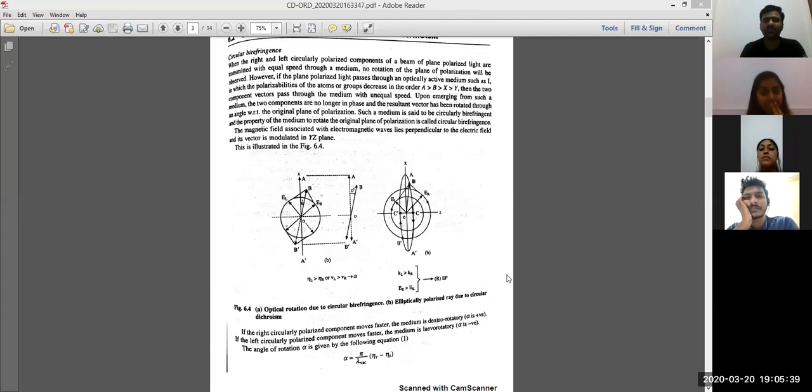But in the previous video, we dealt with them individually. We were trying to reason out why there should be circular birefringence. If you remember, we came out with a curve like this, whereby we said that the final angle representing the plane with which the resultant plane polarized light is coming out should trace out an angle to that of what is incident.